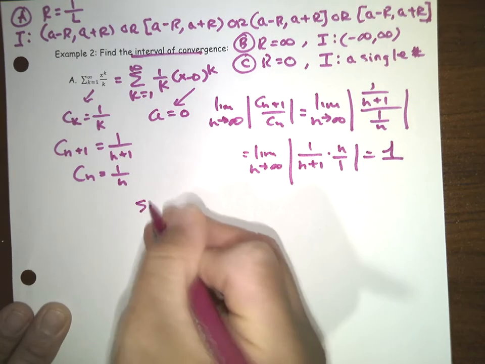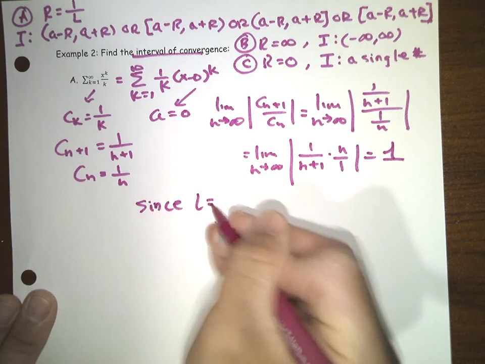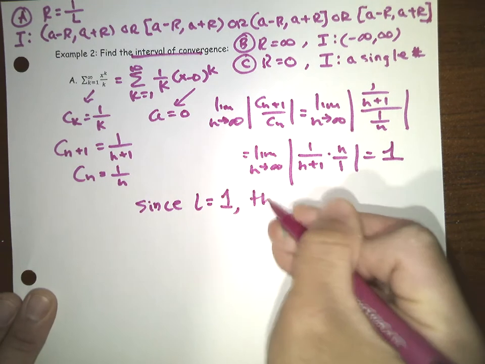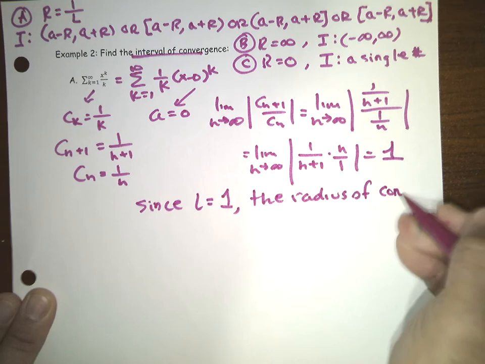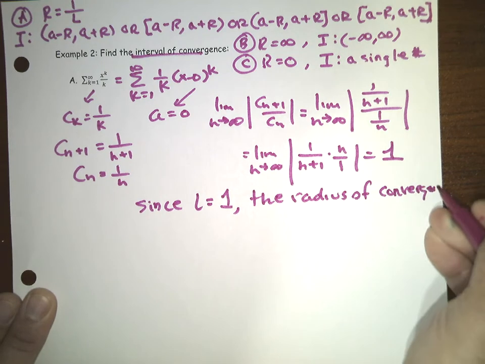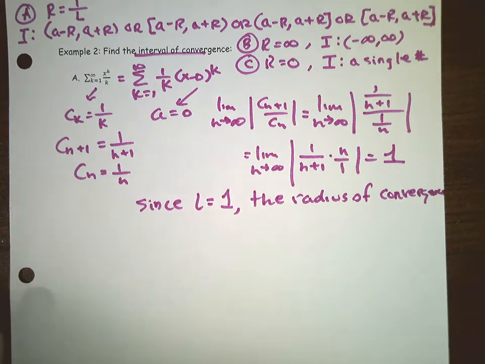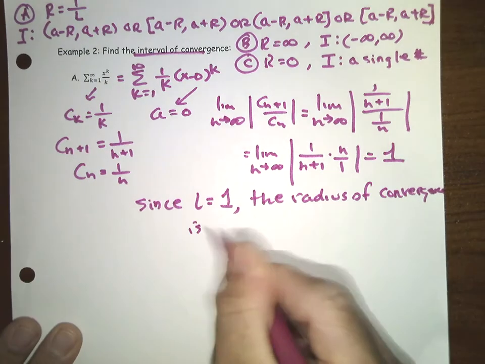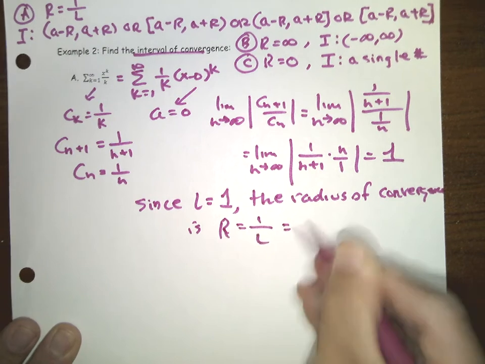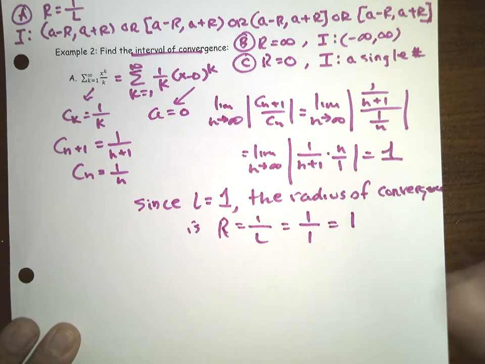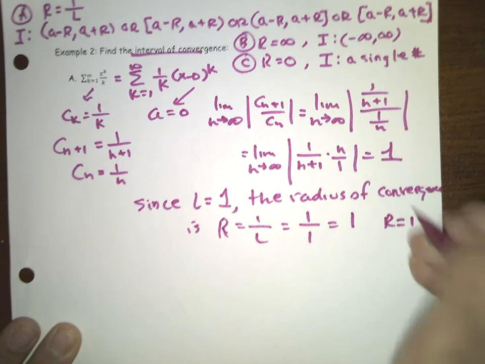And so since L is equal to 1, the radius of convergence is R equals 1 over L, so that's 1 over 1, which is 1. So R is equal to 1.